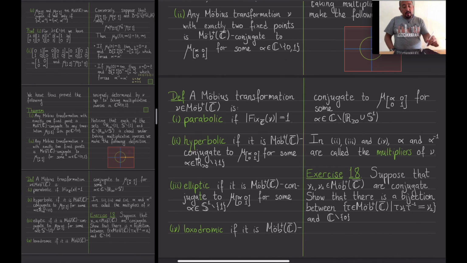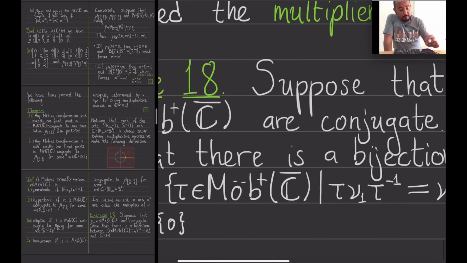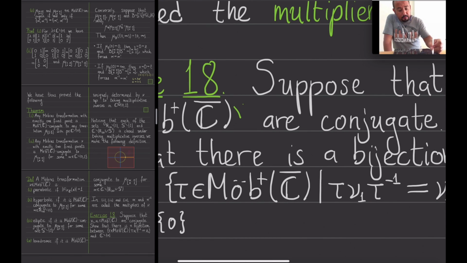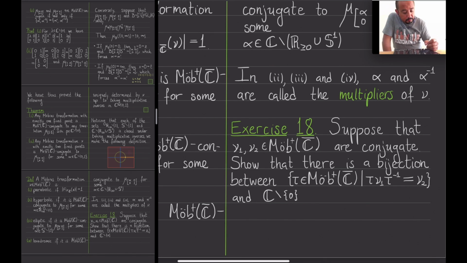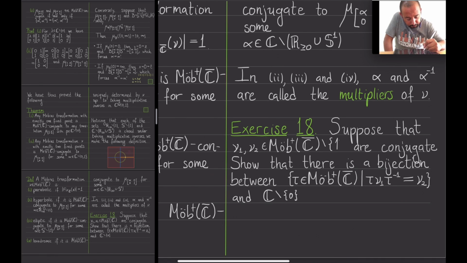Now here, I want you to show that if we have these ones, this must be different from the identity, so different from the Möbius transformation identity.